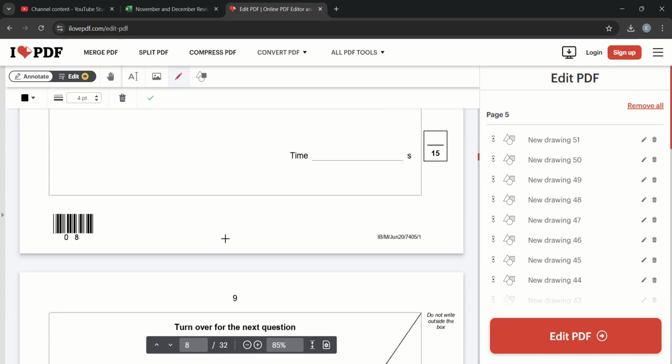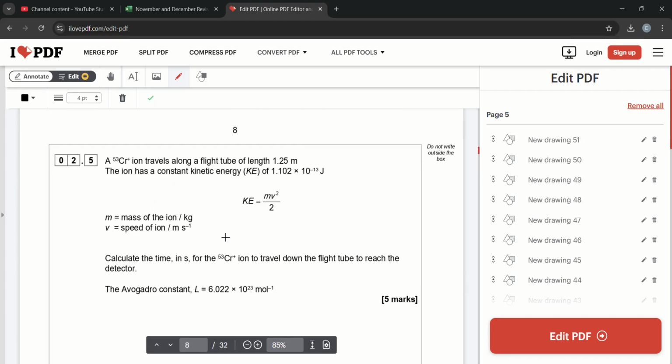Part 5, the final part of question 2. The 53Cr+ ion travels along a flight tube of length 1.25 meters. The ion has a constant kinetic energy, where m is the mass of the ion and v is the speed of the ion. Calculate the time for it to travel down the flight tube to reach the detector.